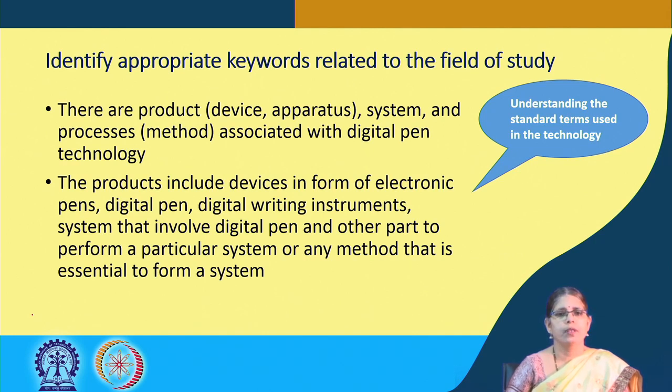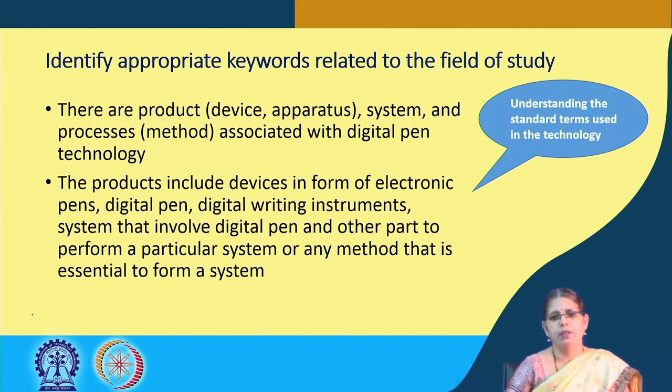So there are different forms of products available in relation to digital pen. They are called electronic pens, digital pens, generally also digital writing instruments, smart pens. So one can have these different keywords.